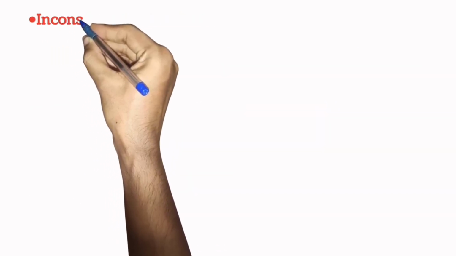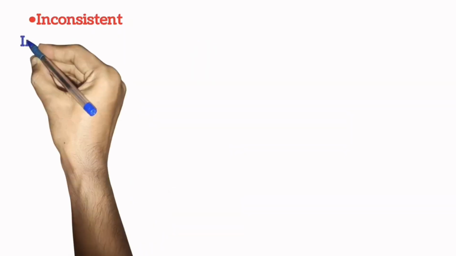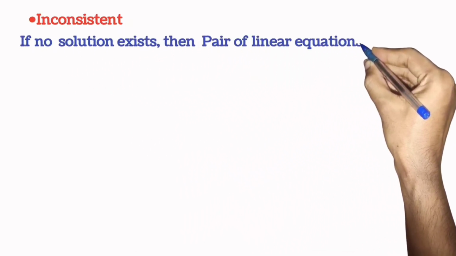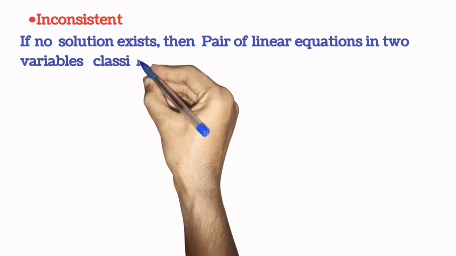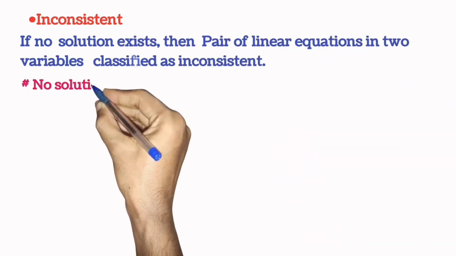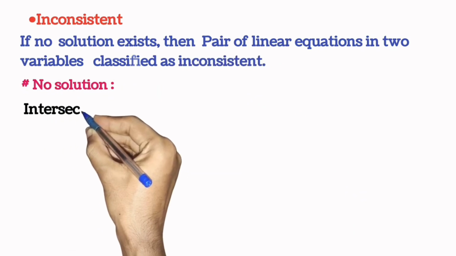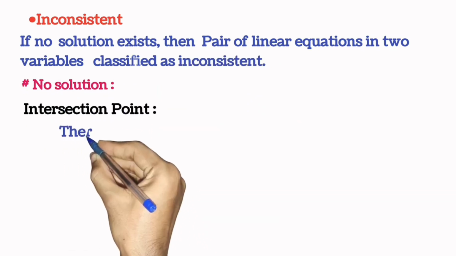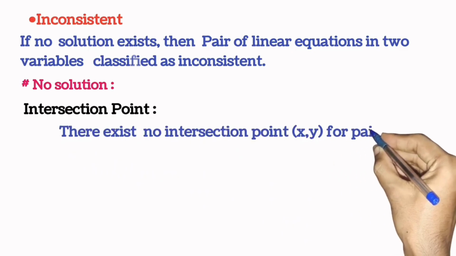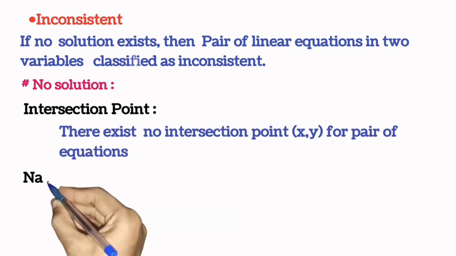Now look at inconsistent pair. If no solution exists, then the pair of linear equations in two variables is classified as inconsistent. For no solution, the intersection point: there exists no intersection point x and y for the pair of equations.